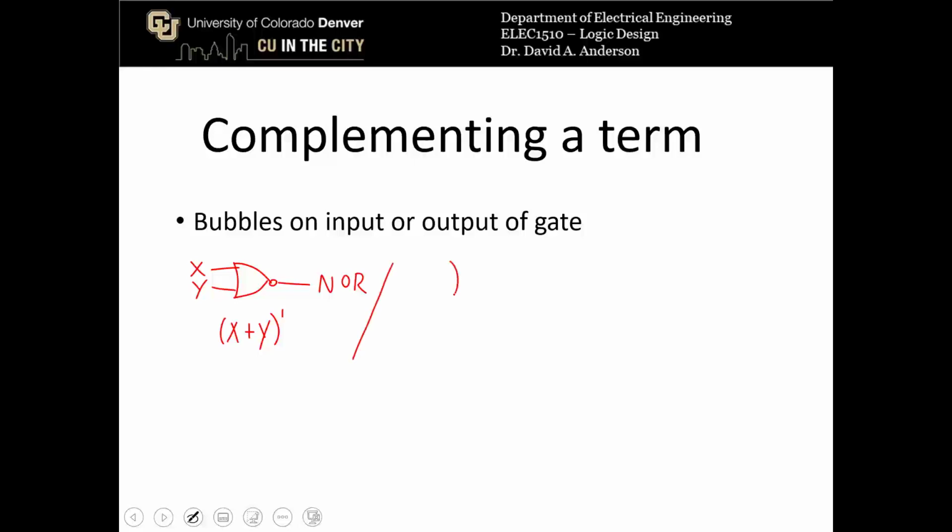We can add bubbles to the inputs of gates as well. So let's take an OR gate and add bubbles to both of those inputs. This doesn't have a convenient name like NOR, but it does perform the function x prime plus y prime. So that would be just another way of complementing those input variables.